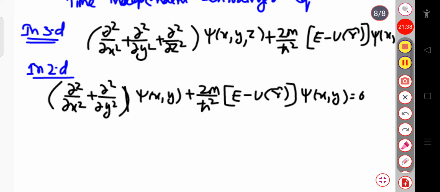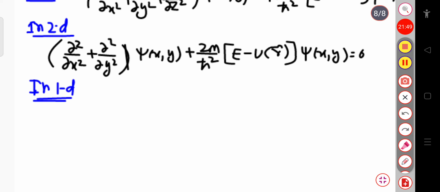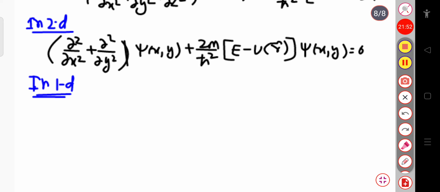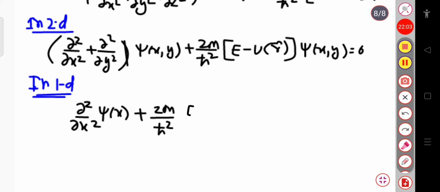Now we will write for 1 dimension. Only one component will be present, that is ∂²/∂x² into ψ(x) plus 2m/ħ² into (E minus U), and U only depends on the x coordinate, so I will write only x.